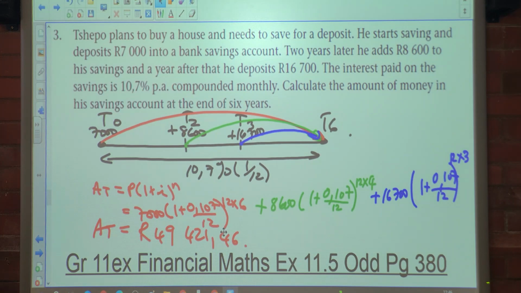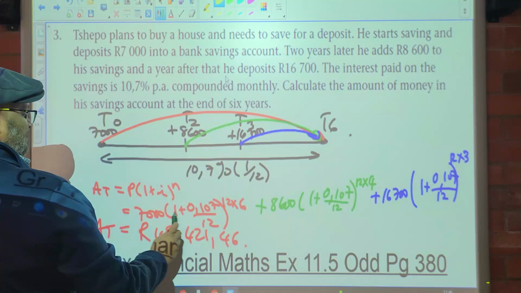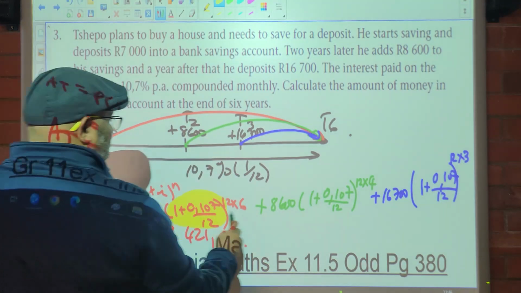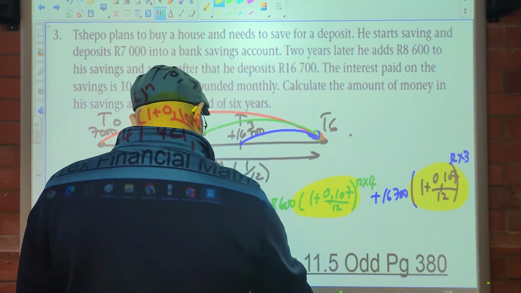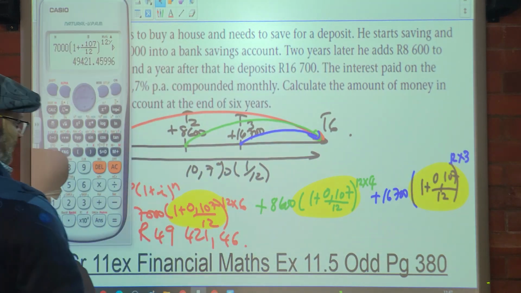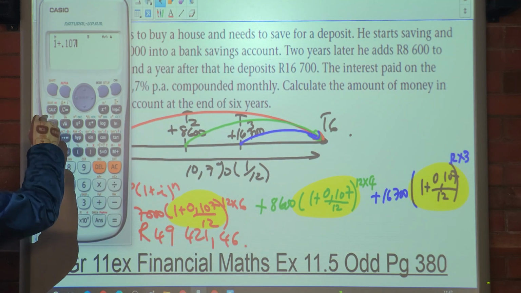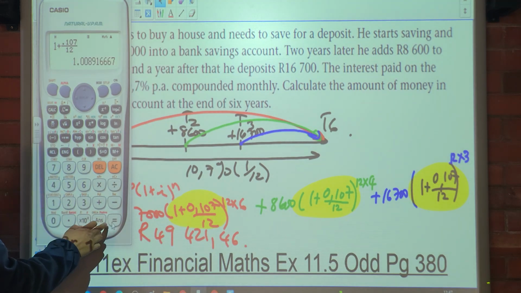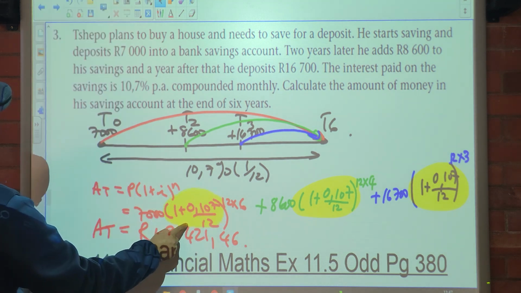And I think I showed you yesterday, that example was too big, so what did I do? I put that in as an answer. I then say 1 plus 0.107 over 12. If I press answer, that's the last calculated answer.